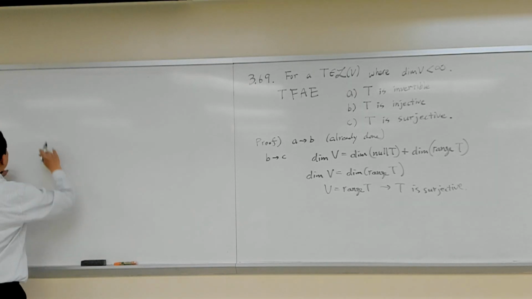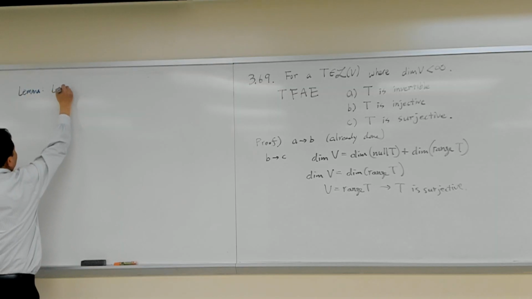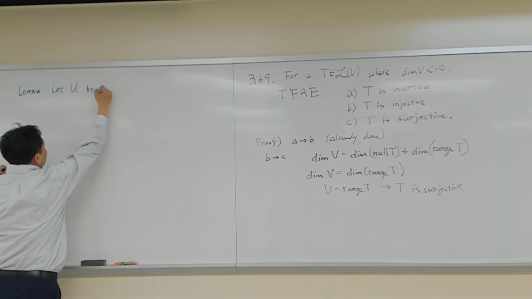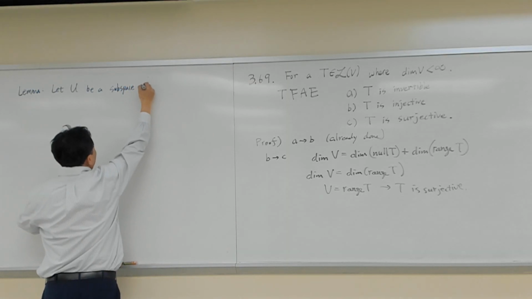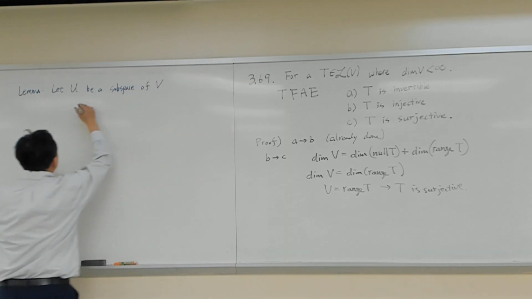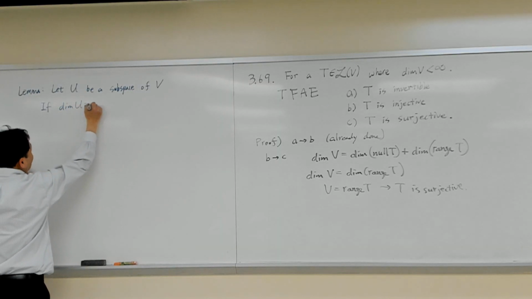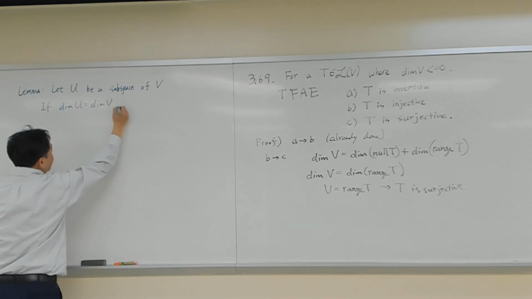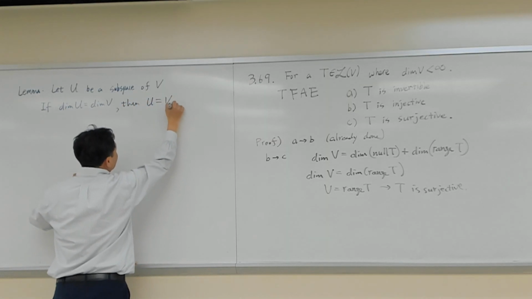So what are we trying to say? Lemma. Let U be a subspace of V. If the dimension of U is equal to the dimension of V, then U is equal to V.